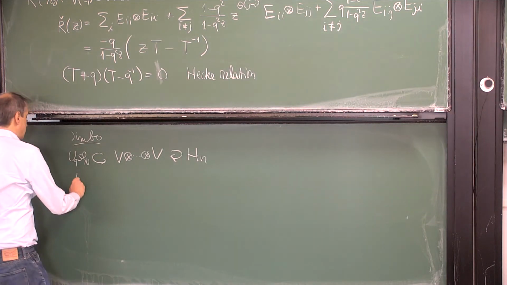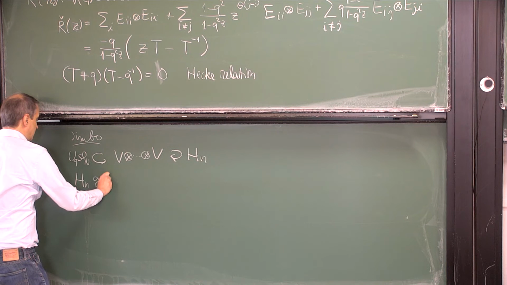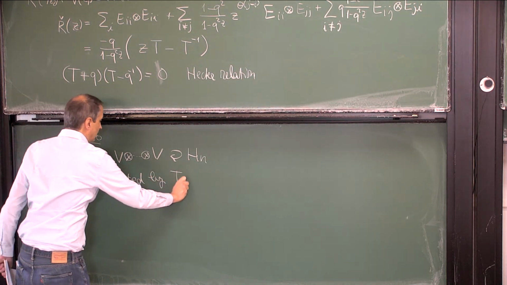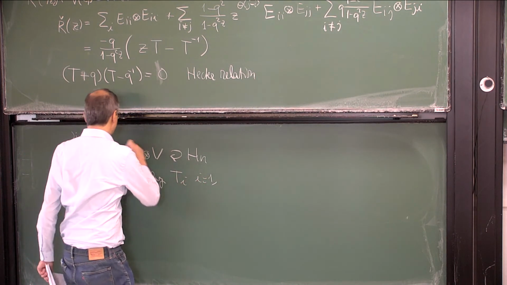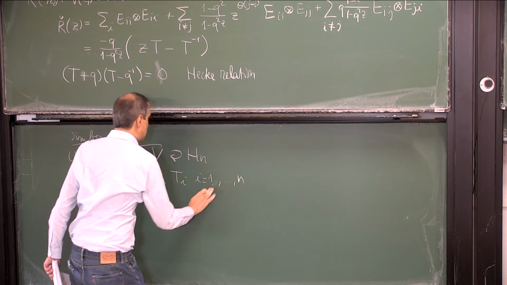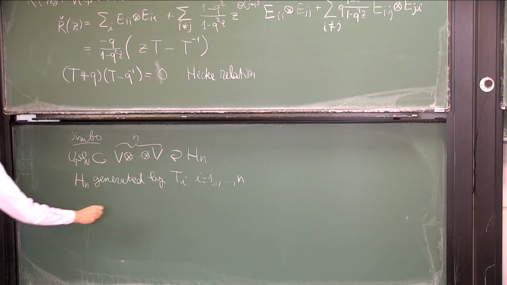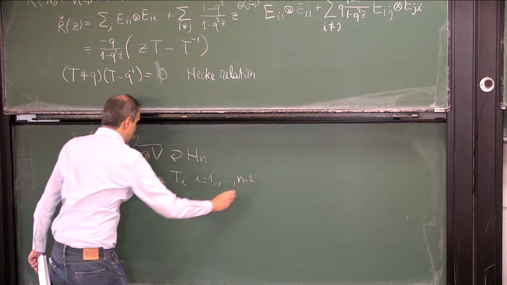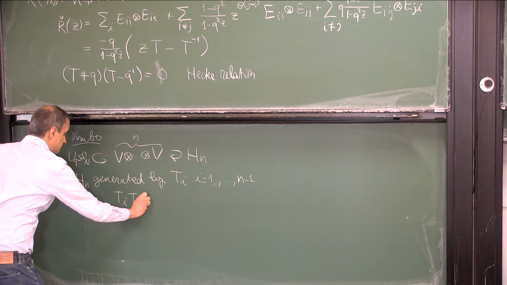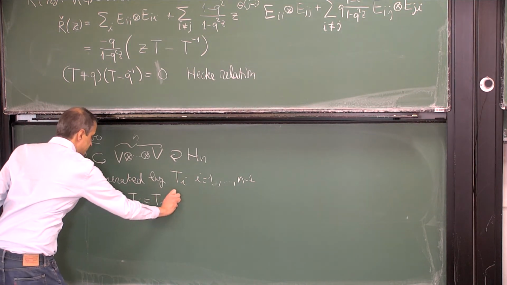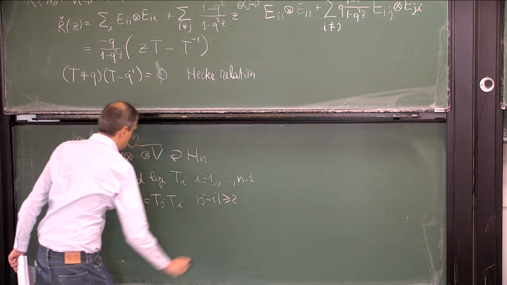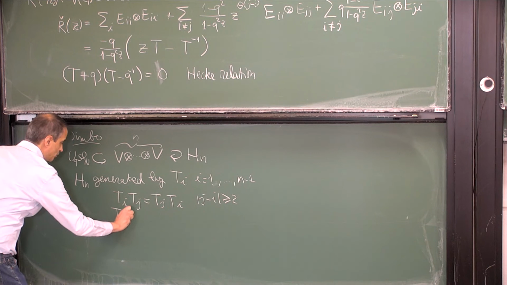So what is a Hecke algebra? The Hecke algebra is generated by T_i, where you have small n factors, and i from 1 to n minus 1. And you have relations which are the so-called braid relations, and commutation if the difference |i-j| is bigger than 2.